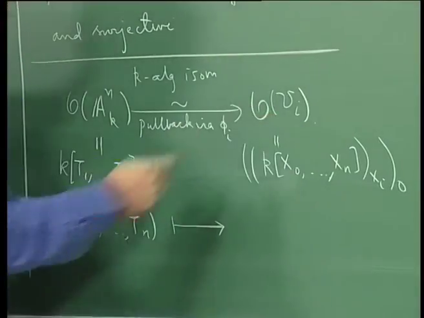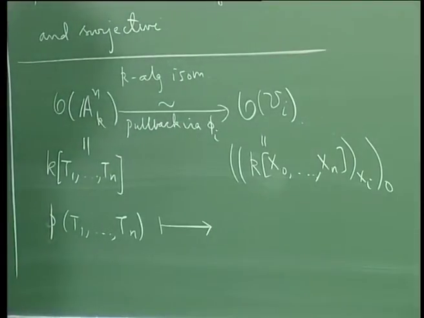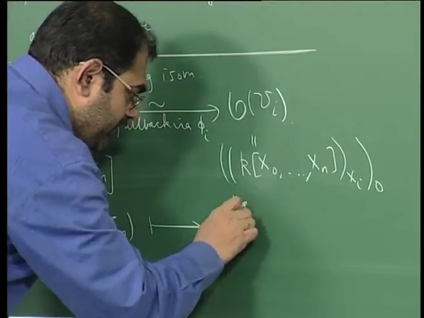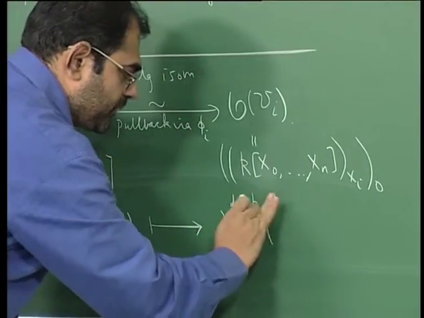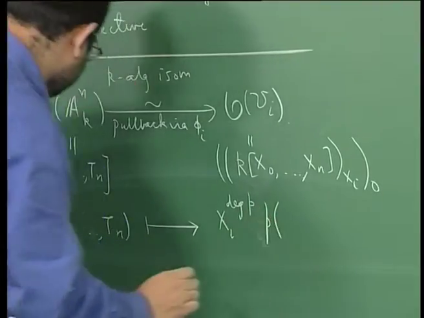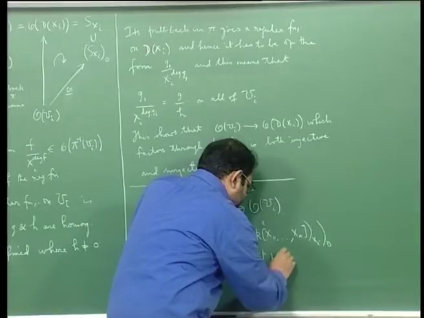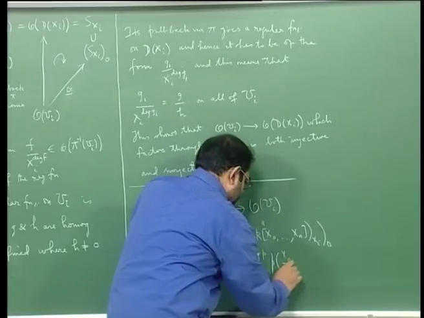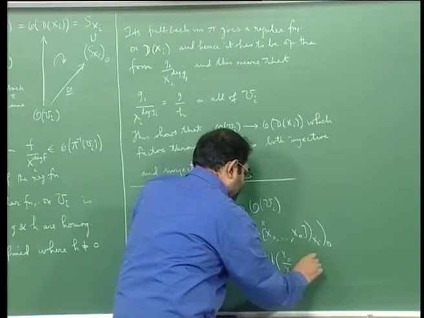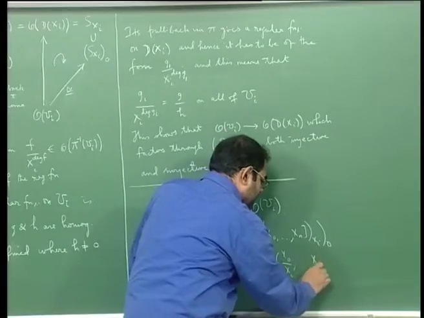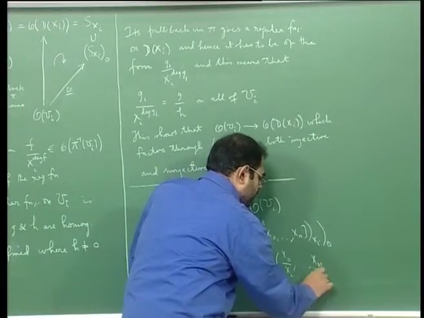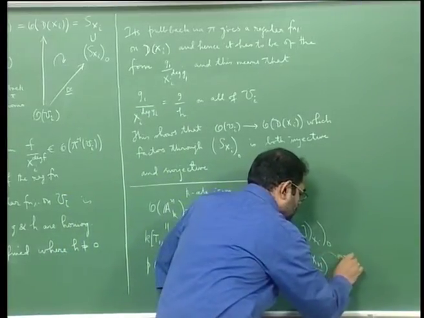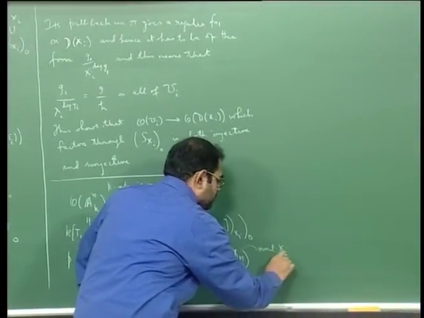I homogenize it, which means I take xi to the degree of P, times P of x0 by xi, and so on, up to xn by xi, and of course when I write this I omit xi by xi.